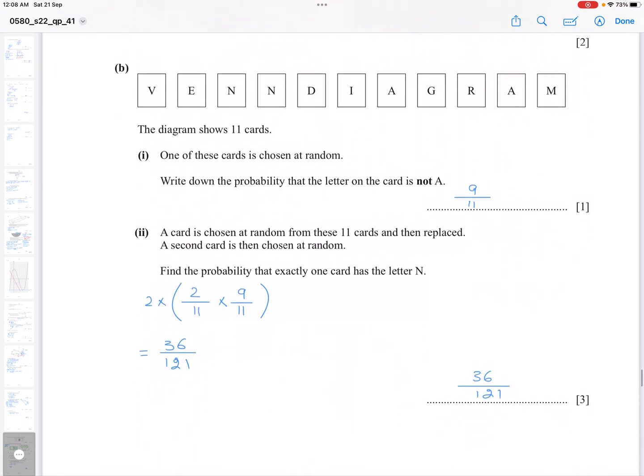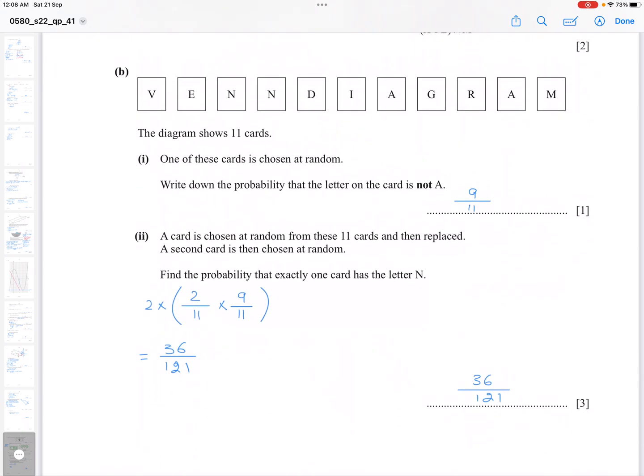A card is chosen at random from these 11 cards and then replaced. A second card is then chosen at random. Find the probability that exactly one card has the letter N. So 2 over 11, there are 2 N's.